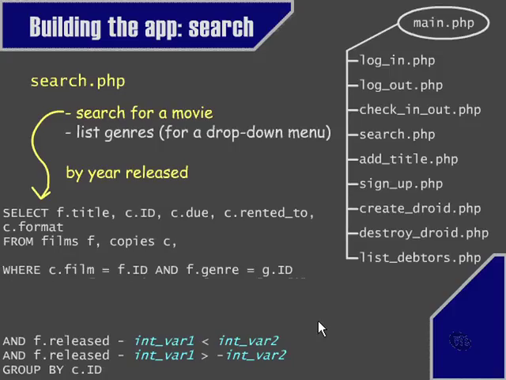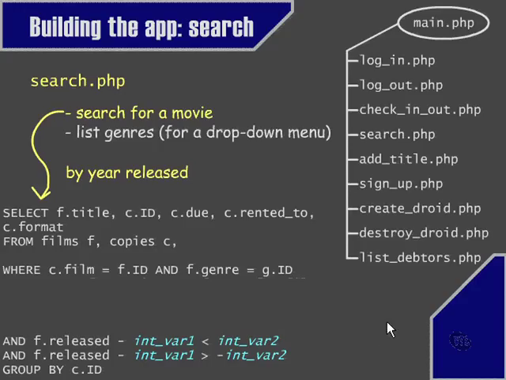We could also simply search by year released. This time we're going to search only on the two tables, films and copies. All the information is contained within the films table, and in this case we have int var1 and int var2.